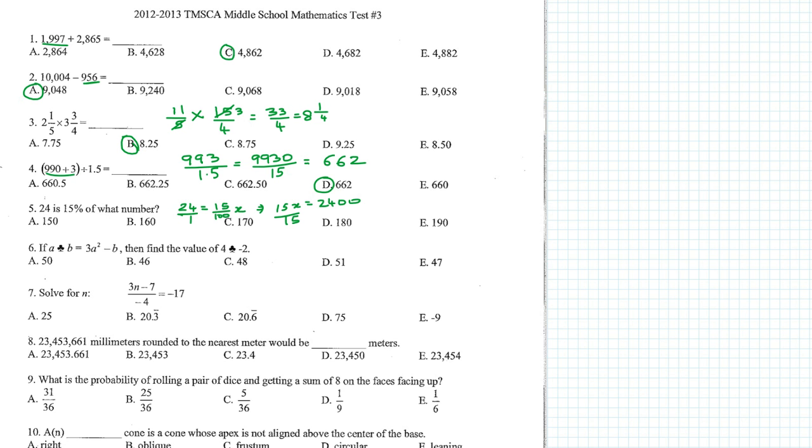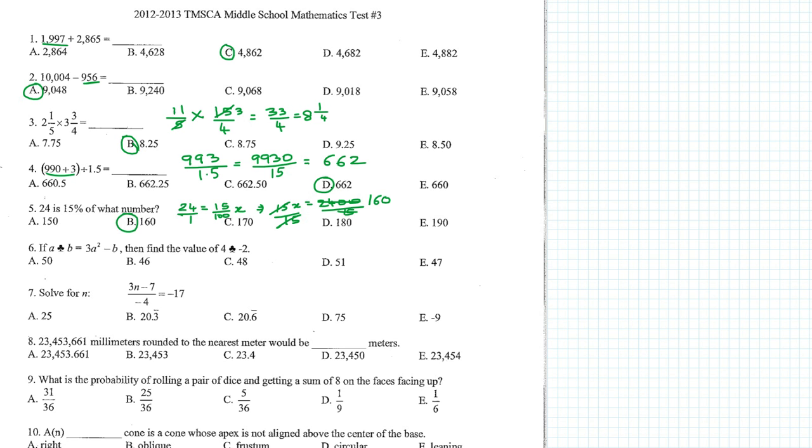Divide both sides by 15, and then 15 times 1 is 15, and then we get 6 as a remainder, so 160 is the answer. So 15% of 160 is 24. B is the correct answer.